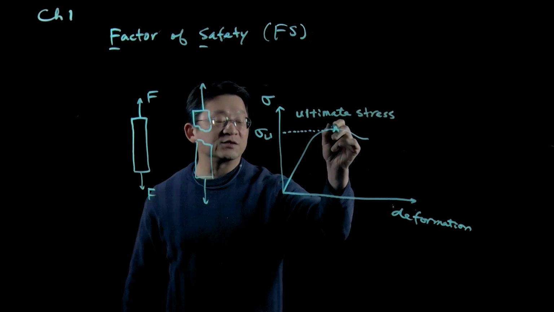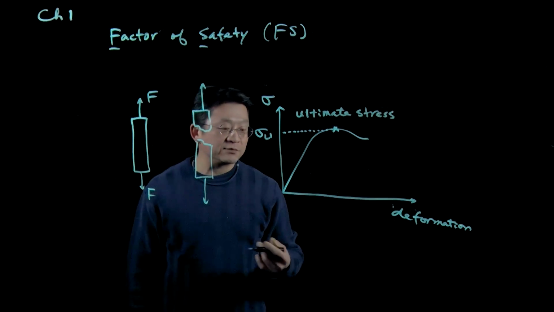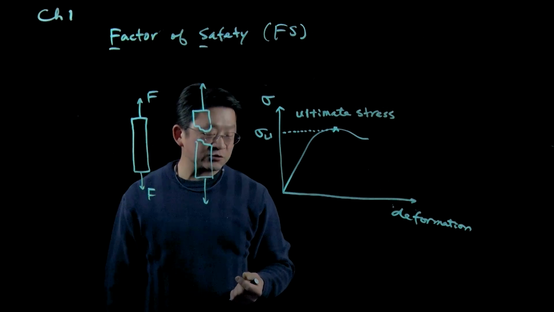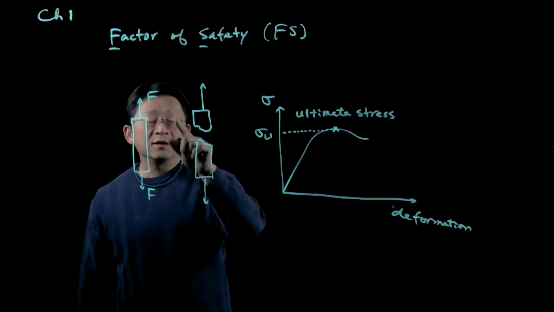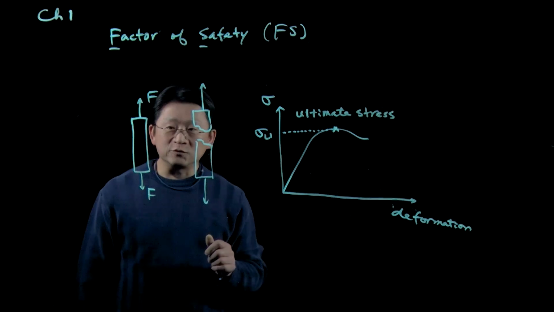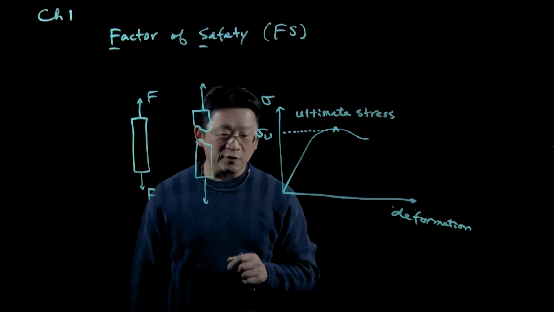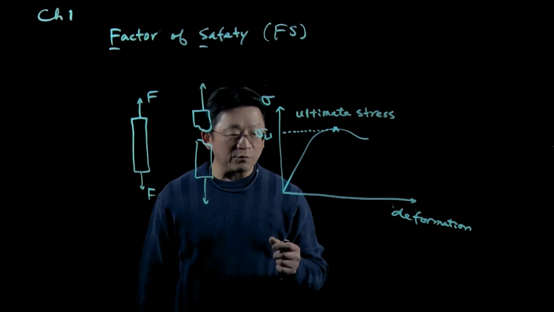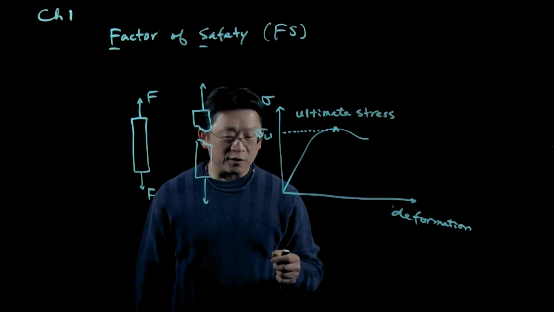The ultimate stress basically tells us the maximum capacity of the material to withstand stress. In real application of material, of course, we don't want to drive to the limit of the material. In practice, we want a certain safety margin, not to push too hard and risk the failure of the material.